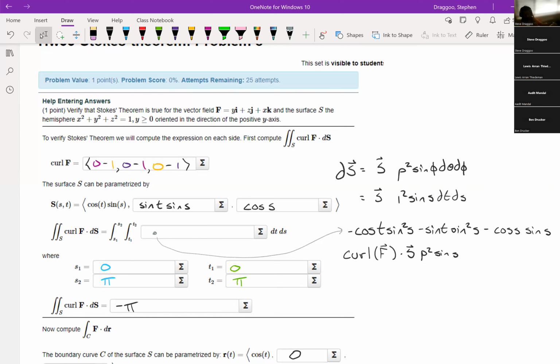But a much easier setup for that would be to go backwards to get the fourth quadrant and do negative pi over 2 to positive pi over 2. But anytime we need to be restricting our parameters based on the unit circle, it'll be helpful to think about quadrants. So that really means anytime we go to cylindrical or spherical coordinates, think about the unit circle. We've got to make restrictions.